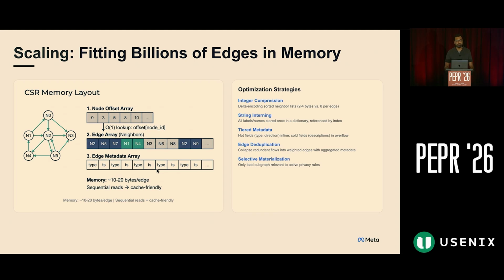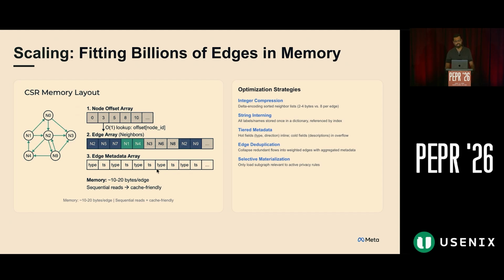Fundamentally, when you think about the nodes and edges, if you store them as plain strings, it can take a lot of space, and you may not be able to fit them into the memory of a single machine. So we utilize some known compression techniques. The first one is integer compression.